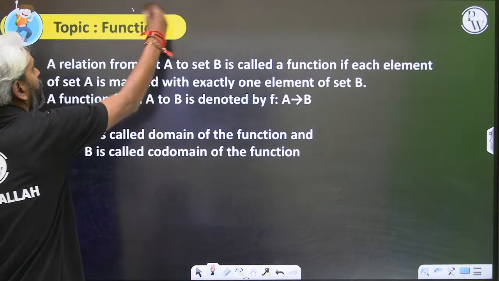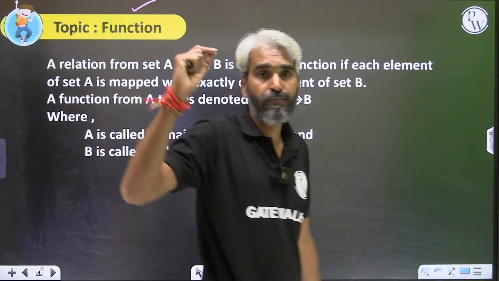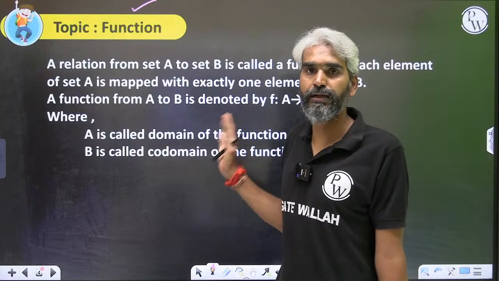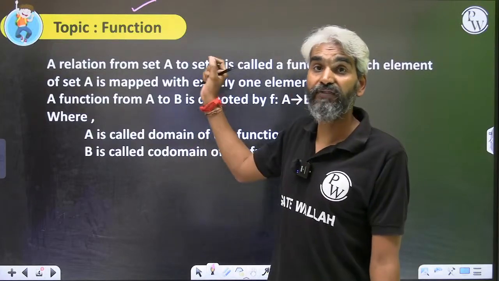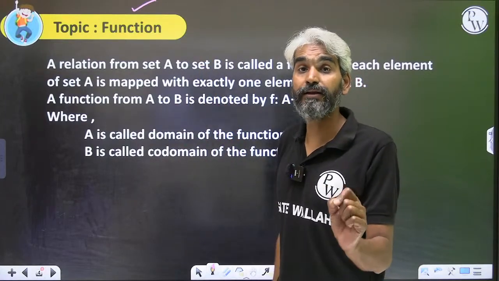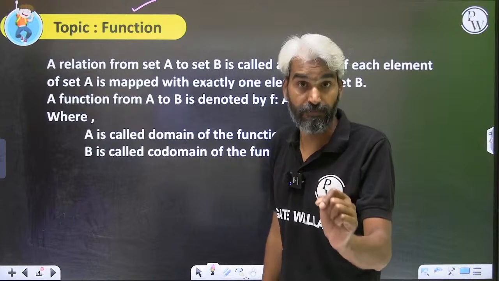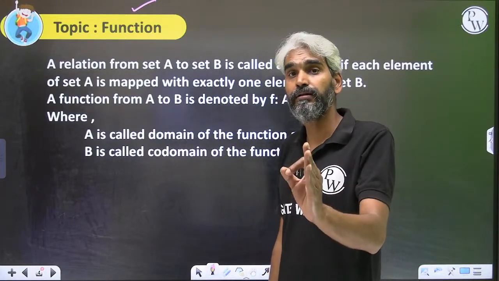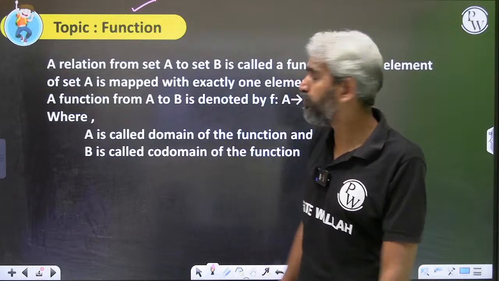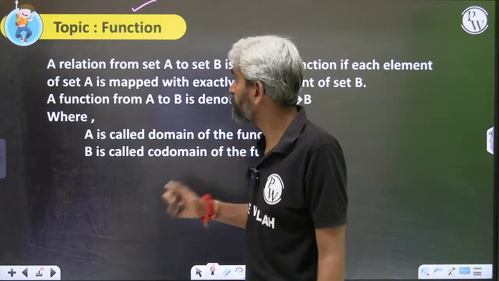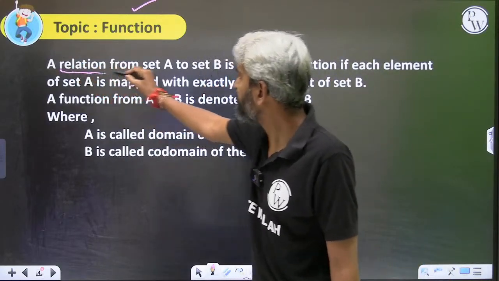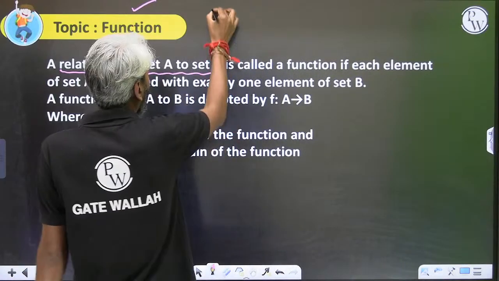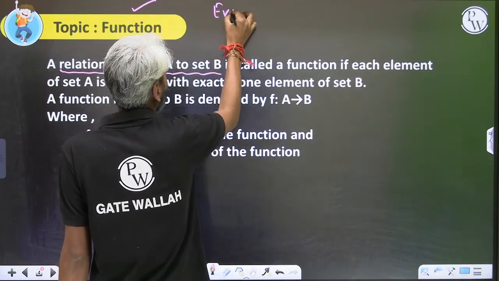So the very first thing is, what do I mean by a function? We already know the concept of relation. So why is it a part of set theory and algebra? Because the definition of function is basically related to the definition of a relation. A function is a relation which satisfies certain conditions. What are those conditions? We will discuss them. First of all, for a relation from set A to set B, I can say one thing.